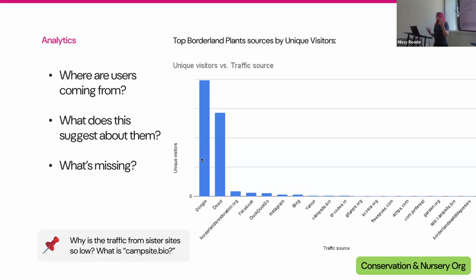And then the other questions we want to answer, in addition to, of course, where the users are coming from, is also what might this suggest about them? And is there anything missing? So again, is there something that you expect to see here that you don't? Let's say your organization is actually making a significant marketing push on a social platform.